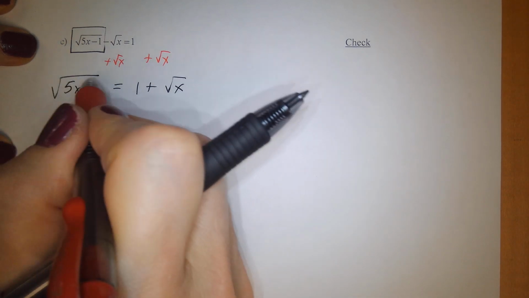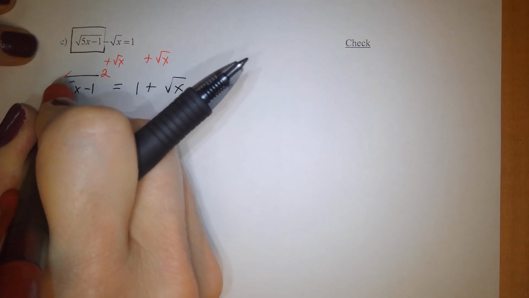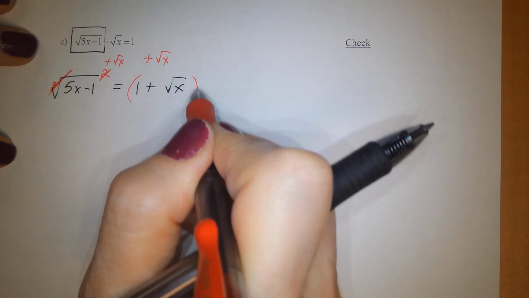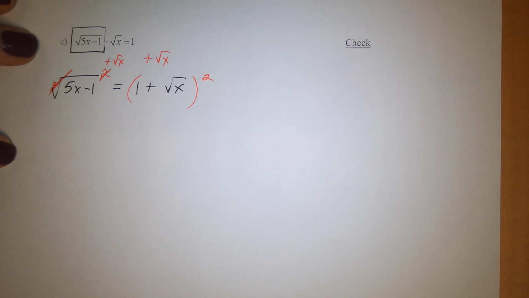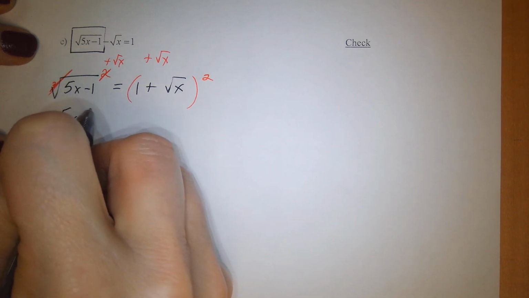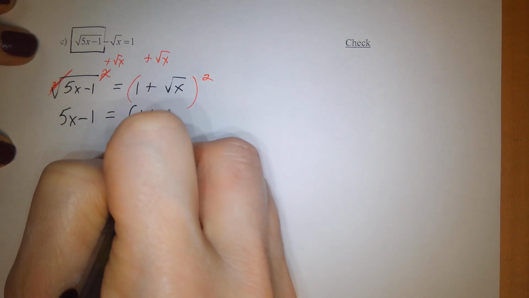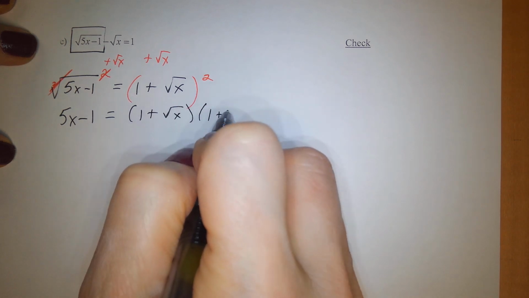Now I'm going to get rid of this radical by squaring both sides. So I'm going to square this side also. So that gives me 5x minus 1 equals, and then we FOIL the right-hand side.